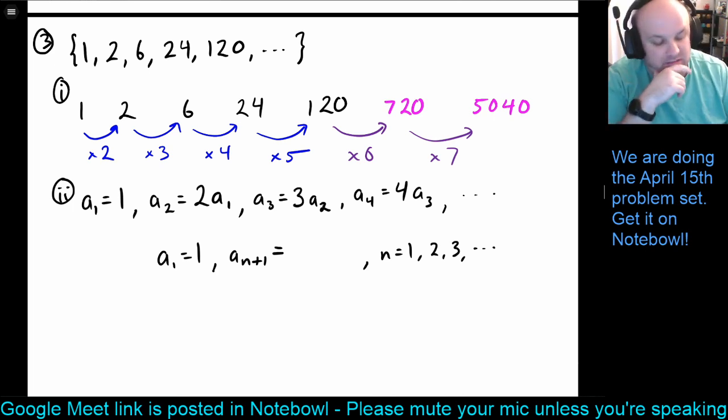See if you can pick out the pattern from all of these sort of like individual recurrence equations here.